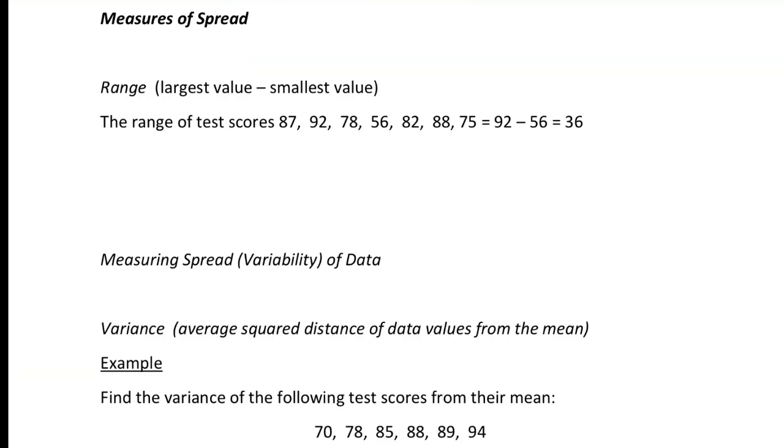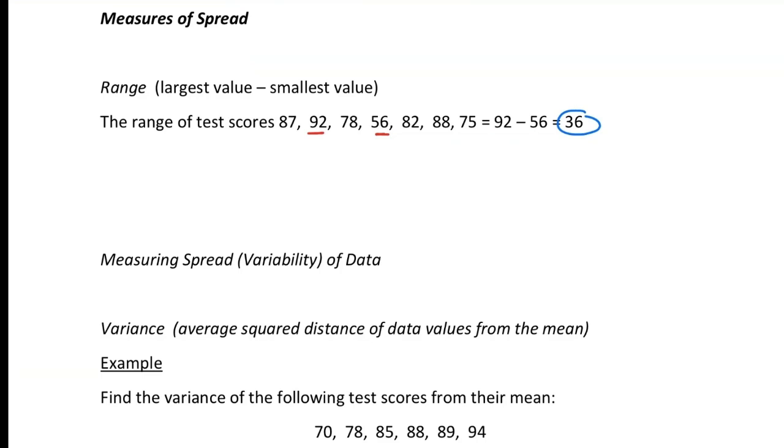And so if I have a set of test scores and I want to find the range, I'm simply looking for the largest and smallest test scores. And then I'm going to subtract those, 92 minus 56, and that gives us 36 for our range. The problem with range is that it doesn't give us a whole lot of information.